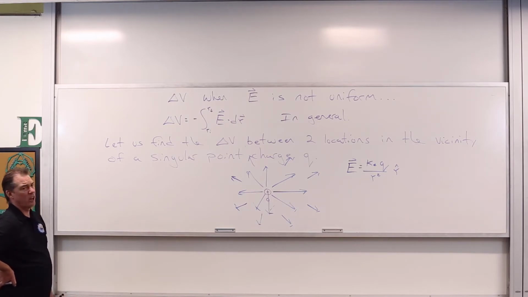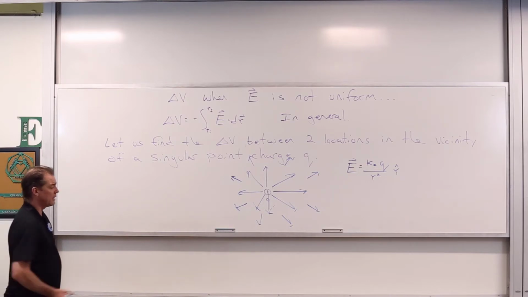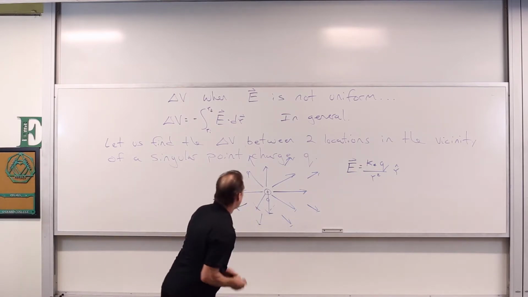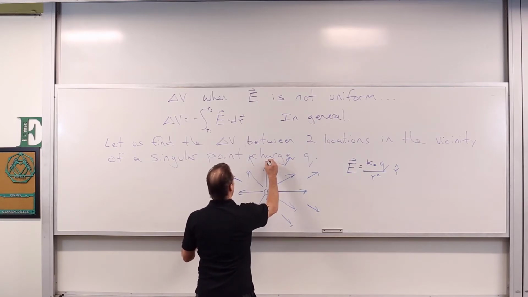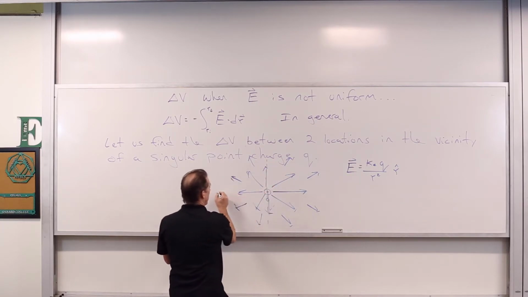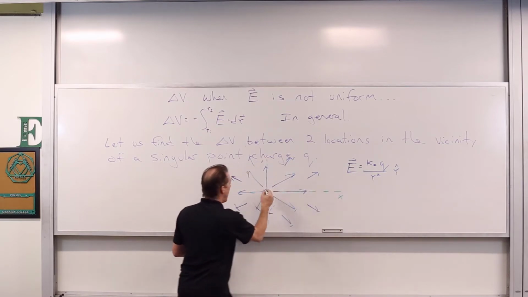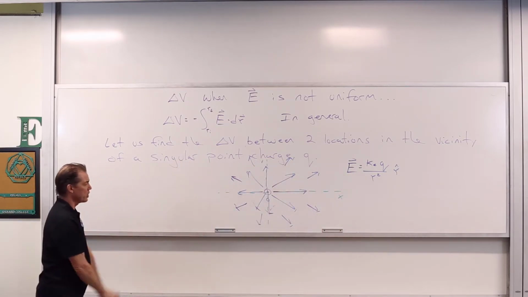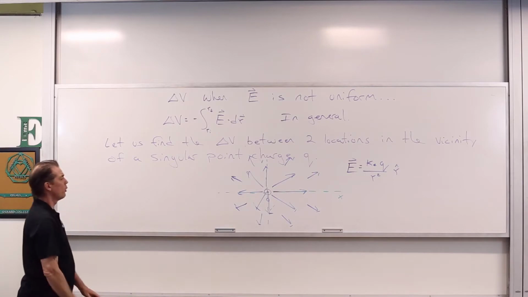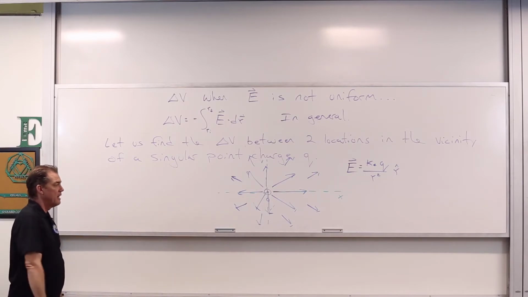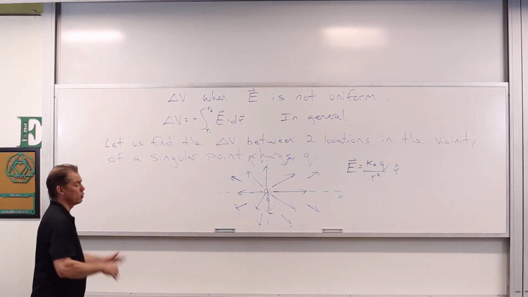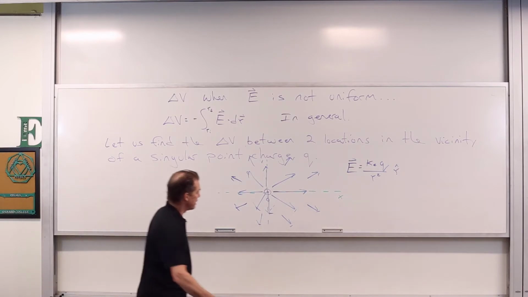Well, let us start with something easy and just say, let's just look along the x-axis, sort of make our own little coordinate system here that cuts through, say that that's x, that's y, the charge is centered at the origin here. And we will look at two locations along the x-axis and see if we can determine what the potential difference between those two locations is.